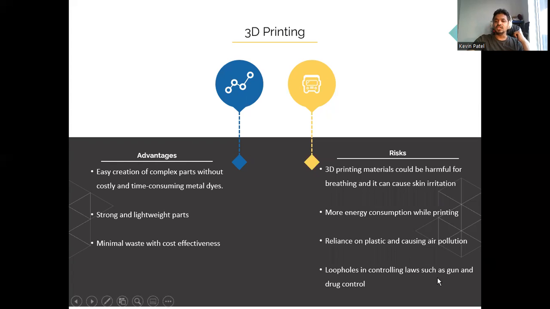Finally, there are loopholes in controlling laws such as gun and drug control. There are 3D printed guns in the market, also 3D printed drugs, which are still not law abiding. That means there are no laws to control that. So governments across the world are working towards that.